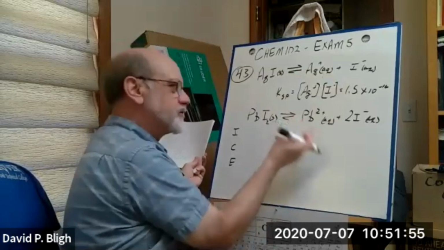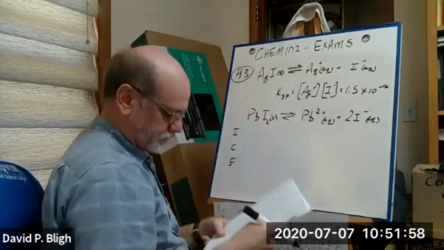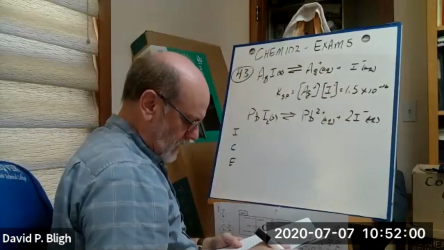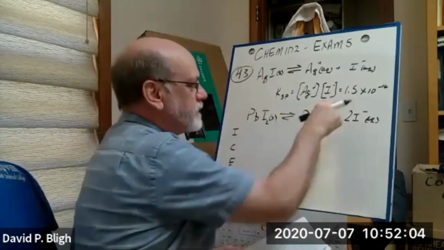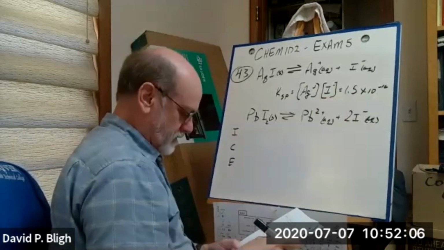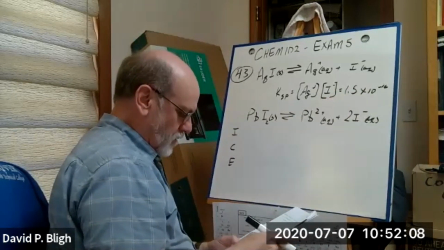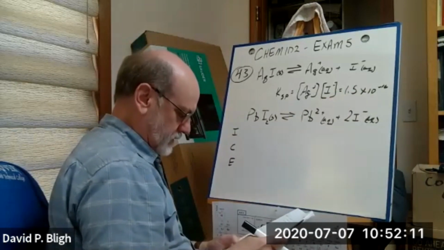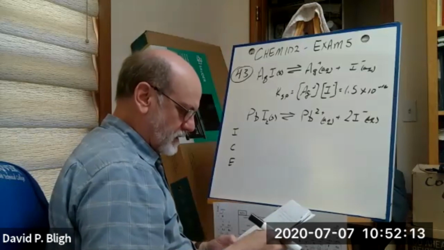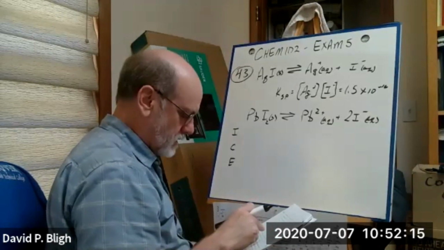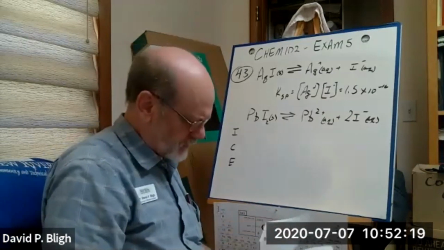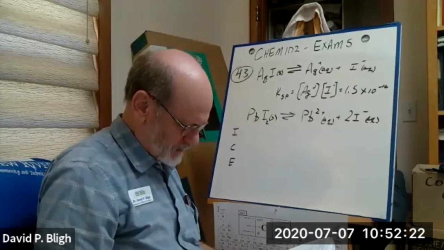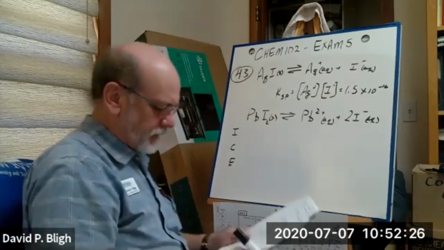So the starting point is derived from this one. Okay. So if this value is given to us, then at what point, let's see, I think I've left out some information, 43. Yeah.